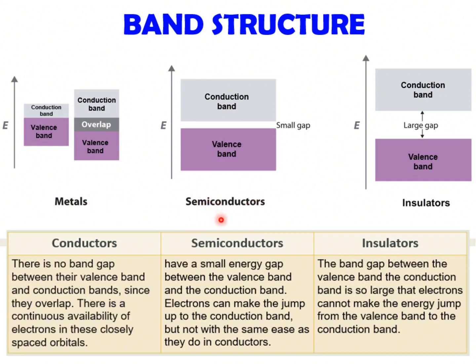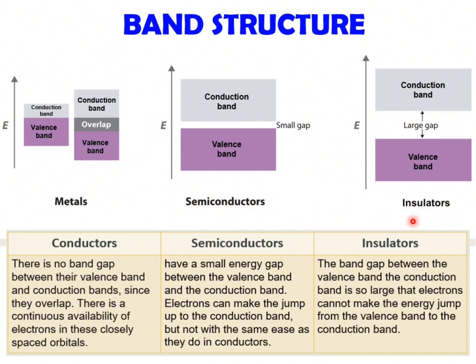While semiconductor, okay, look, the valence band has more gap between the conduction band. So tapi dia juga boleh mengalirkan arus elektrik tetapi tidak selancar conductor. Okay, so kenapa? Sebab elektron still can make the jump, okay, to the conduction band. So that's why semiconductor also can conduct electricity. But for insulator we know that penebat.